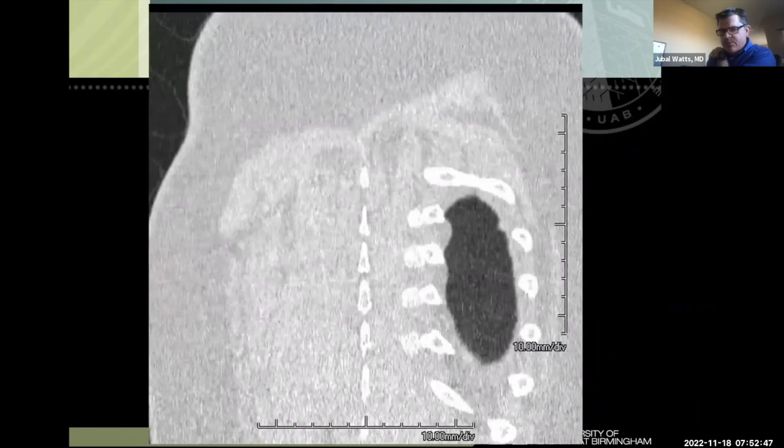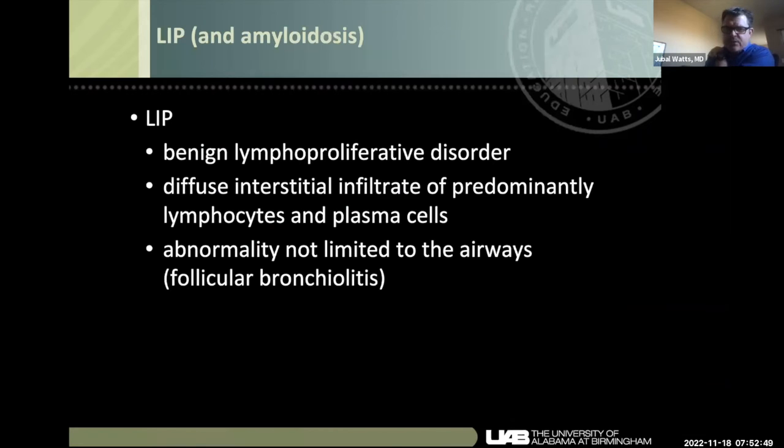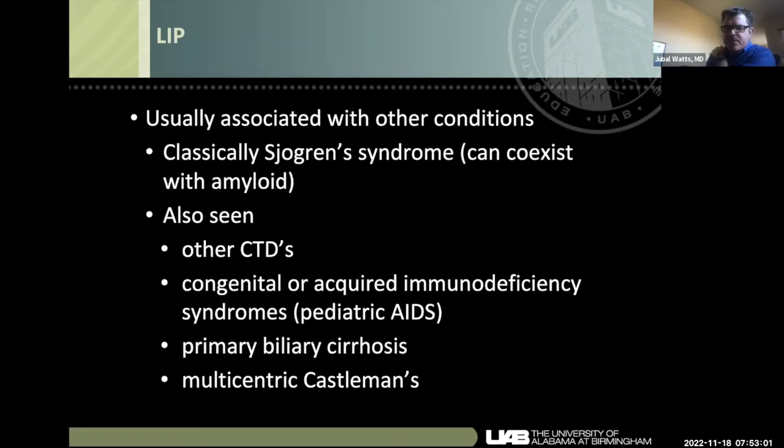There's just the coronals. So benign, diffuse infiltrate, predominantly lymphocytes and plasma cells. LIP is because of the lymphocytes, but it's not limited to the airways like follicular bronchiolitis is.